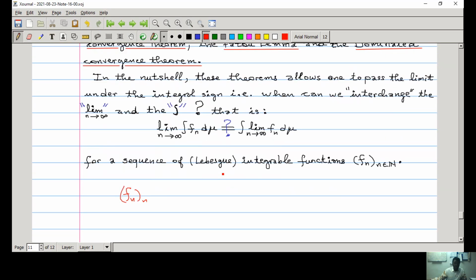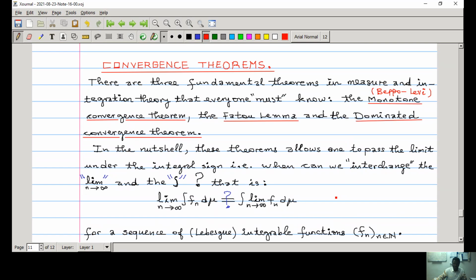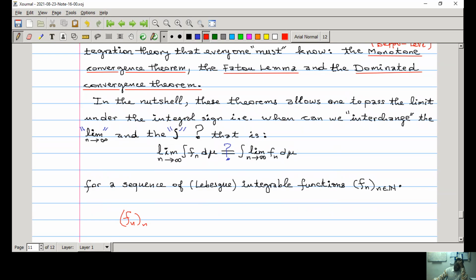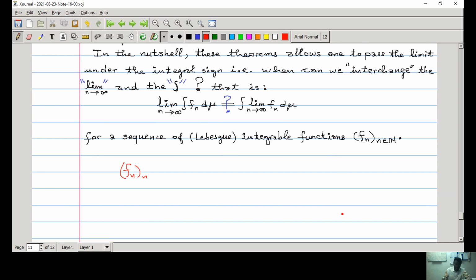Okay, now let's look at the first result, the monotone convergence theorem. The monotone convergence theorem just indicates that this sequence is an increasing sequence, right? So if you have a sequence, okay, I'll call it monotone convergence theorem.